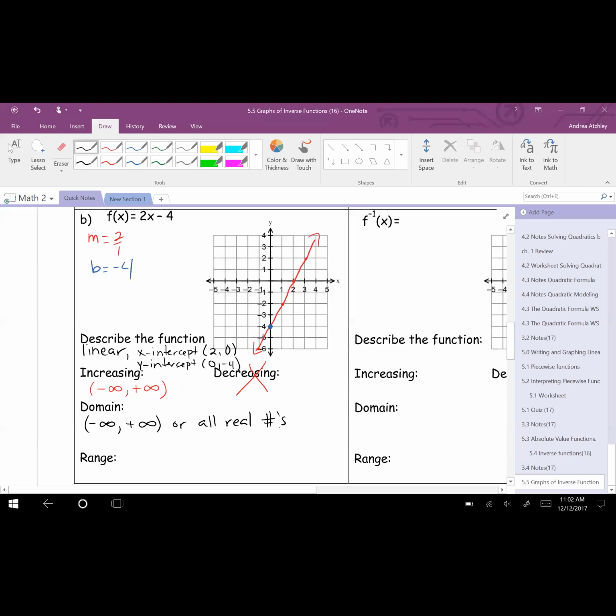The range, how far up and down will it go? Infinity, right? So again, this is negative infinity to positive infinity, or all real numbers. Any questions over that?